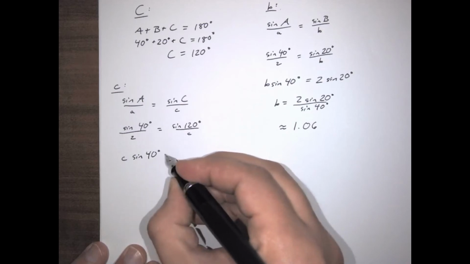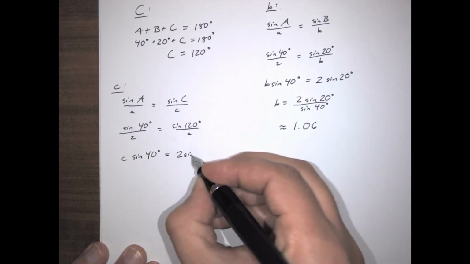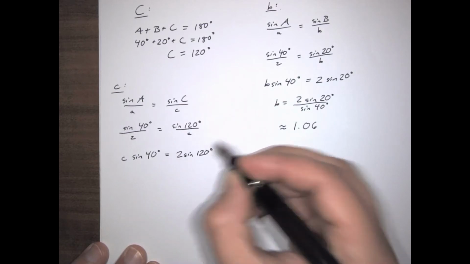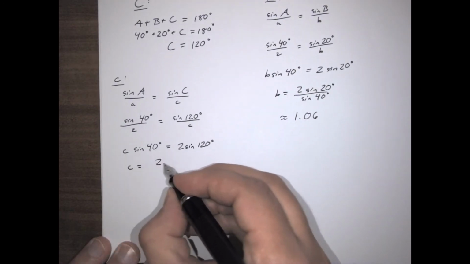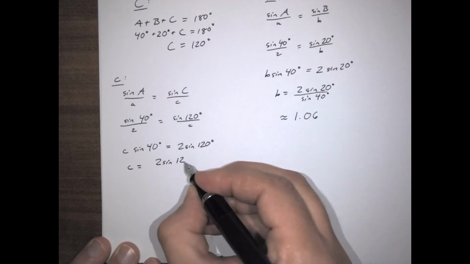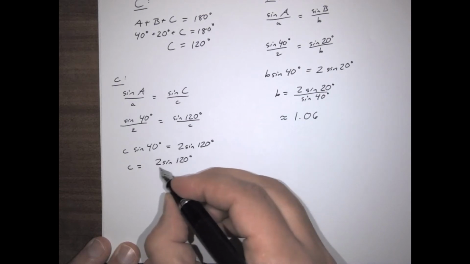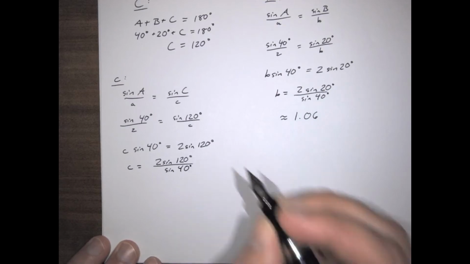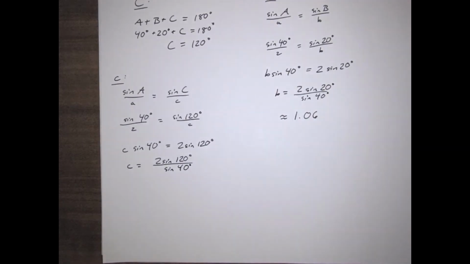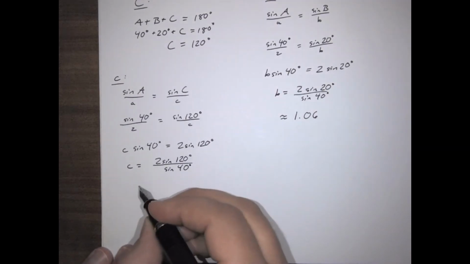So c sine of 40 degrees is equal to 2 sine of 120 degrees. And then divide by the sine of 40. And technically, we know the sine of 120, actually. That one is one of our known angles.